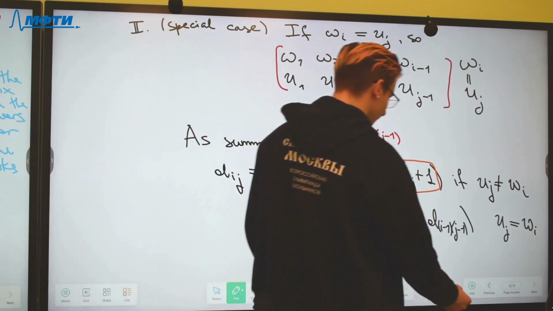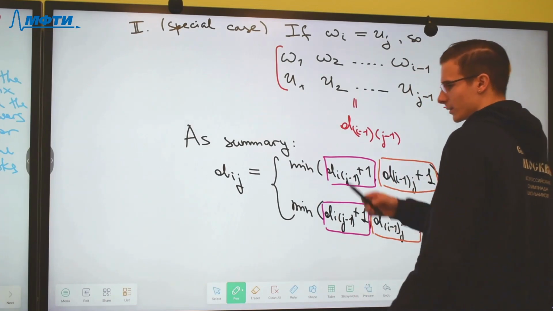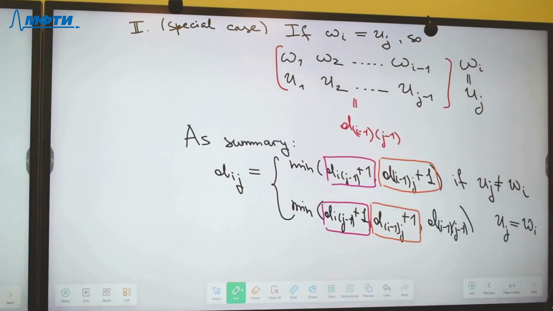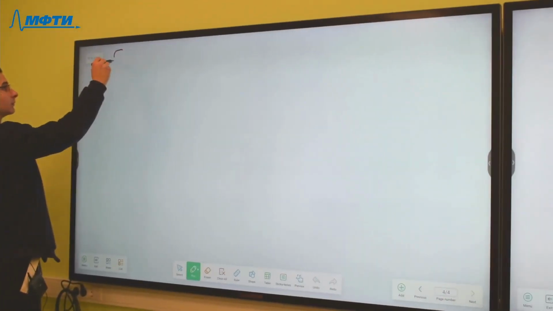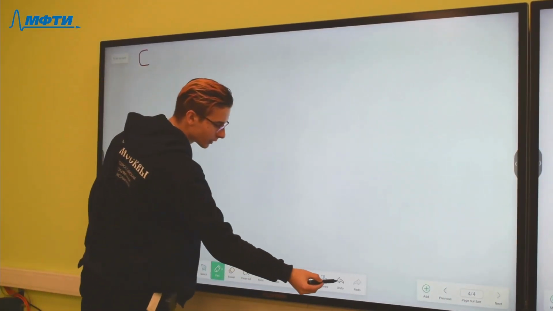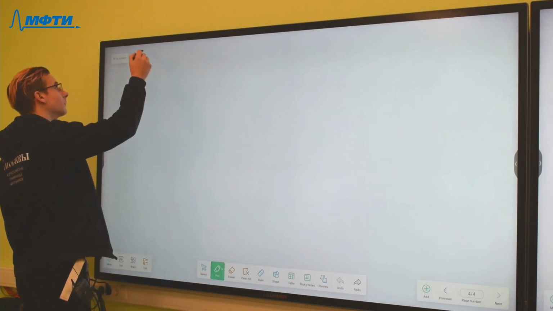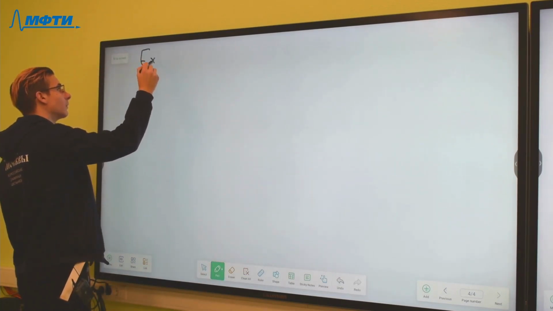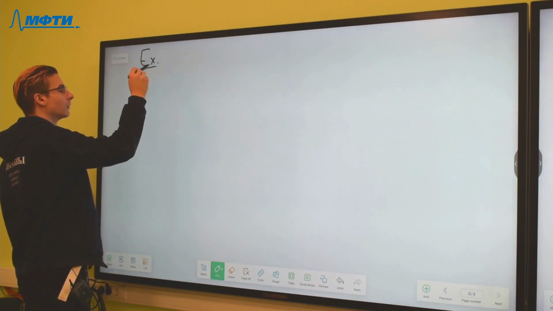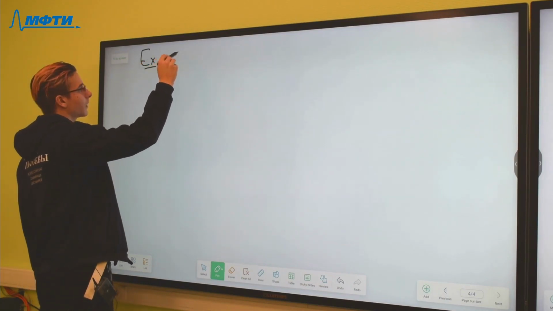So I go here, an example of the working of this algorithm.